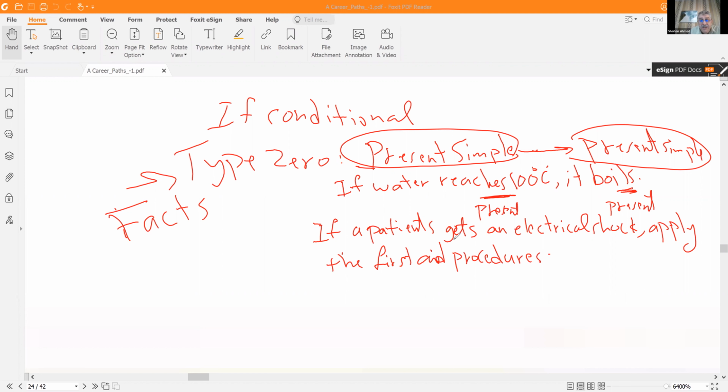So if a patient يحصل له صدمة كهربائية, apply first aid اللي هي في الاسعاف الاولي. So here it is, yes.